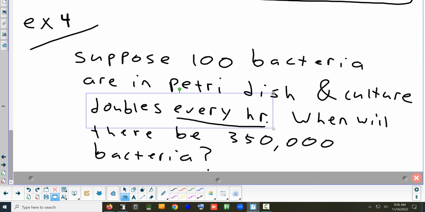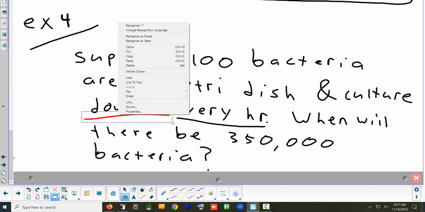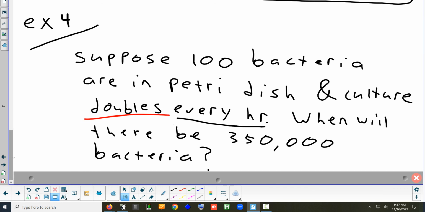We're starting with 100. I want to know when I'm going to hit 350,000. Okay. Doubling tells me 2 things. 1, it tells me it's exponential growth. If something's doubling, it's getting bigger. The other thing it tells me is the growth rate.